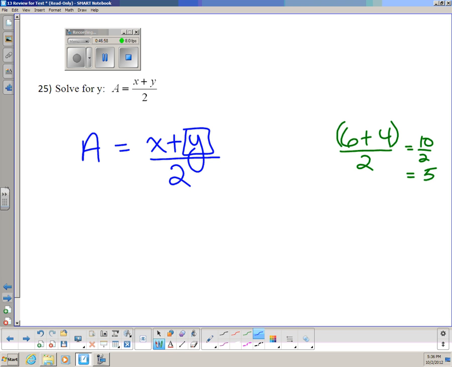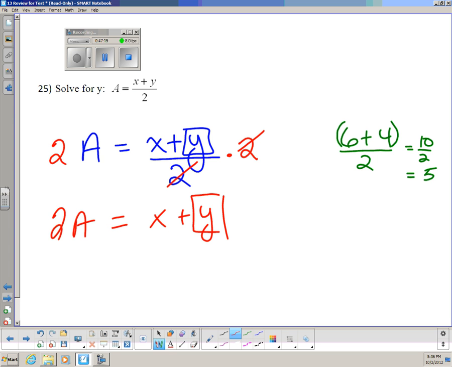In order to untrap or undo division by 2, I must multiply by 2. So I will multiply by 2 on the right and do the same thing on the left. These 2's will divide, and the fraction will be gone now. So we have 2a equals x plus y. Y is not by itself yet.